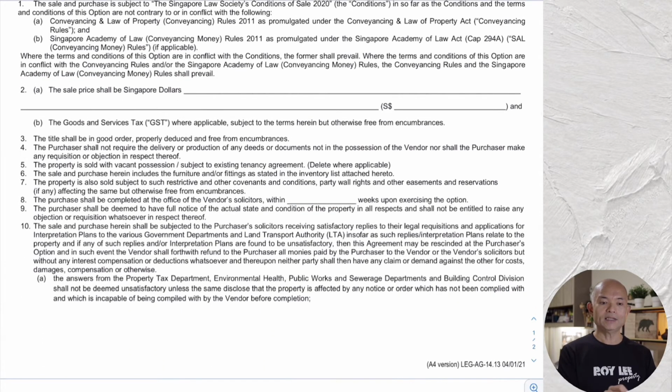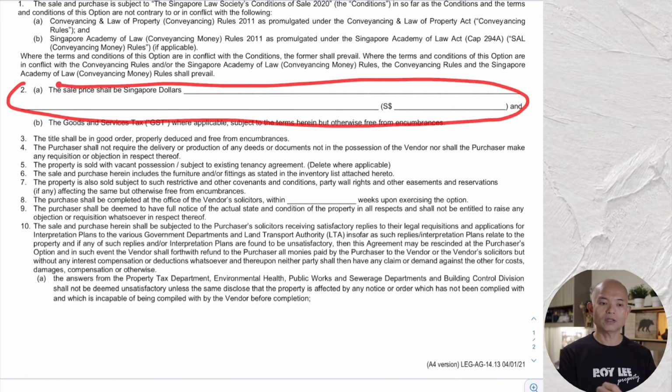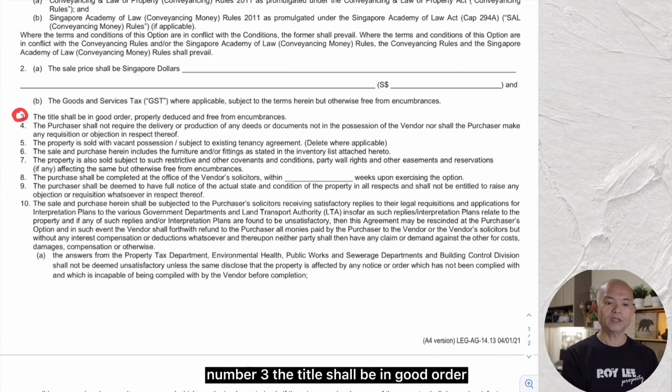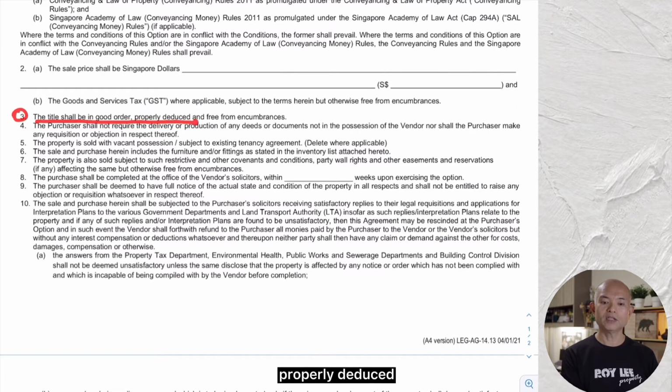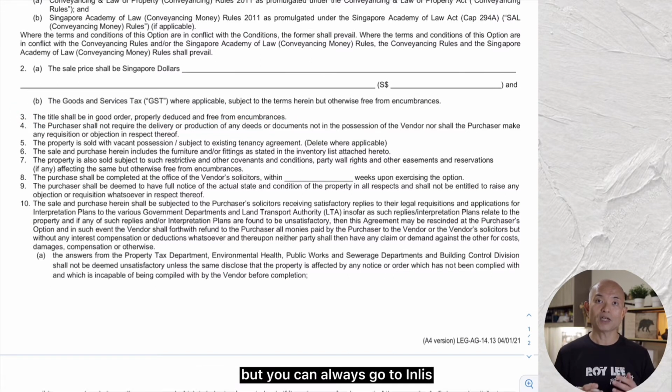Now next is the agreed sale price. So the agreed sale price will be written down over here. Number 3, the title shall be in good order, properly deduced and free from encumbrances. For encumbrances, your lawyer will be doing the checks for you, but you can always go to Inlist and do a search yourself.